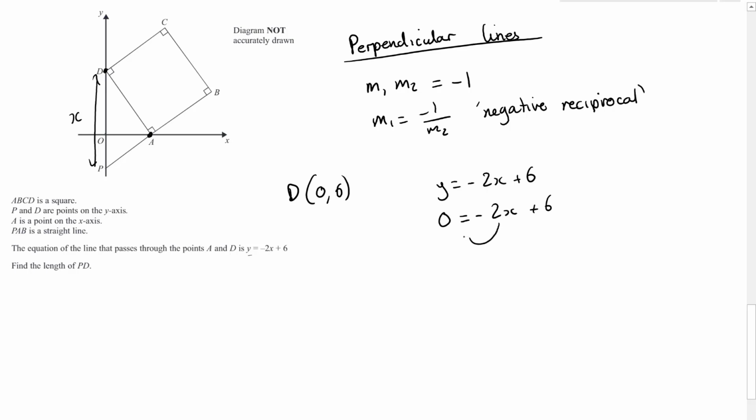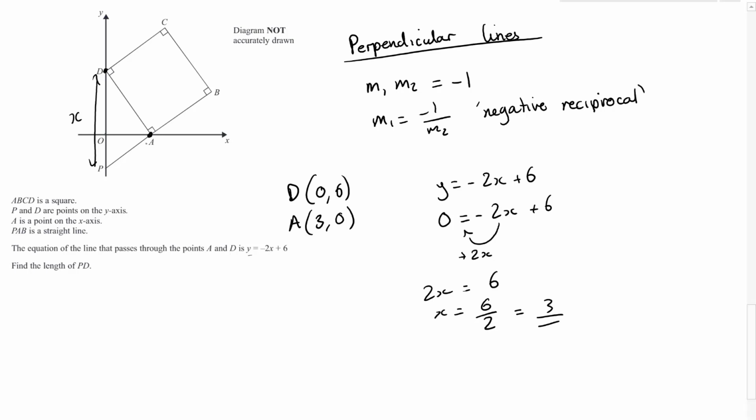So I would move the 2x over to this side by adding 2x. So I'd get 2x is equal to 6, and therefore x is equal to 6 divided by 2, which is going to give you an answer of 3. So the point A is actually 3, 0. Okay, so now we know what these 2 points are.